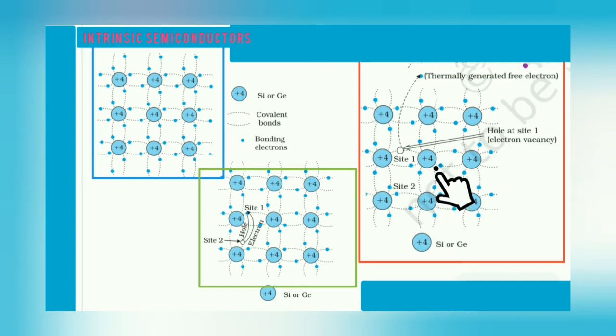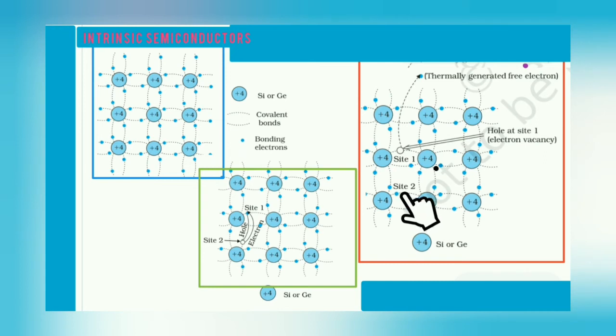This is the free electron, and the vacancy of this electron is called a hole. But from site 2, an electron will shift to site 1, leaving a hole there. That way the holes and electrons shift in the crystal, and that constitutes current.